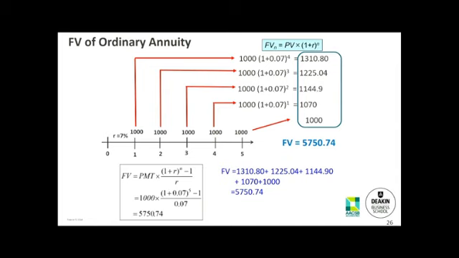Is it much easier than the approach we learned before? Because without the annuity equation, what should you do? Look at this timeline. We need to work it out one by one. Am I right? So I actually did it step by step. Without the annuity equation, you have to work out the future value step by step and then sum it together.